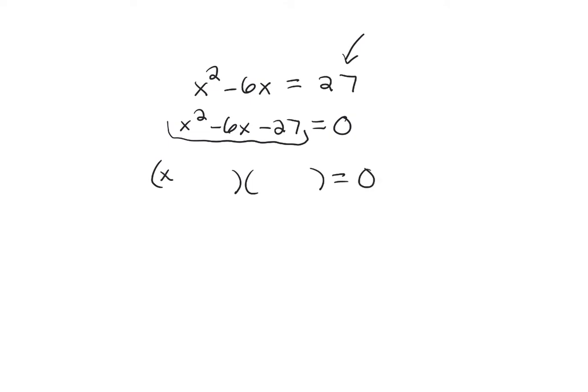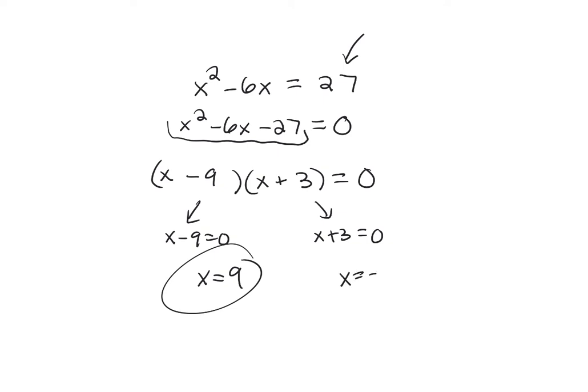All right, so I know I've got x and x. Factors of negative 27 that add up to negative 6 are going to be minus 9 and plus 3. So then if we break those up, x minus 9 equals 0, x plus 3 equals 0. So my solutions are x equals 9 and x equals negative 3.